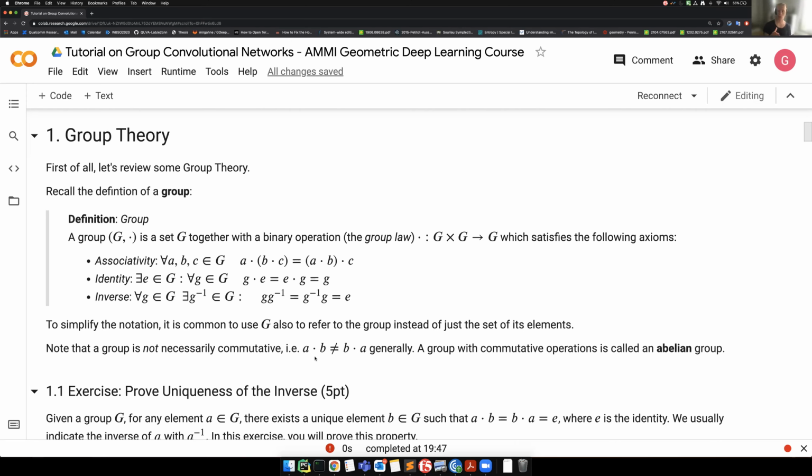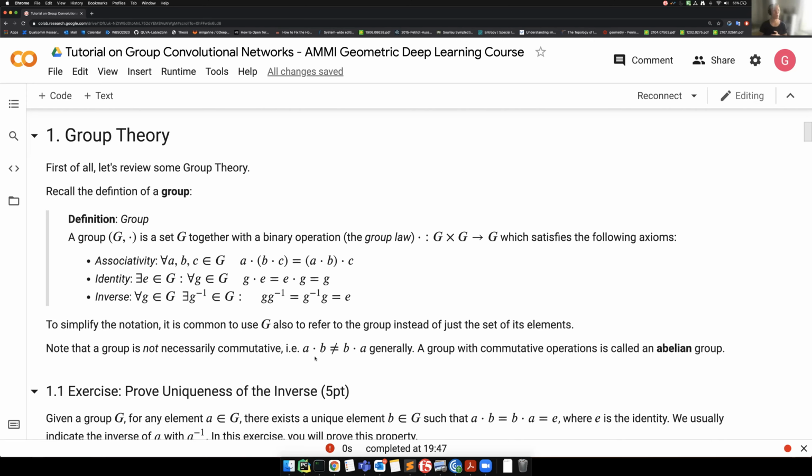And for any rotation of alpha degrees, there's an inverse rotation of minus alpha degrees, or if you prefer, 2 pi minus alpha. And there's also an identity element, of course, which is the rotation by 0 degrees.